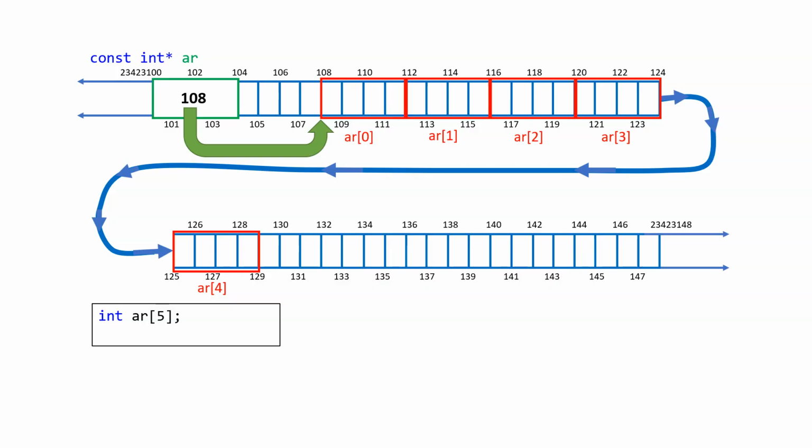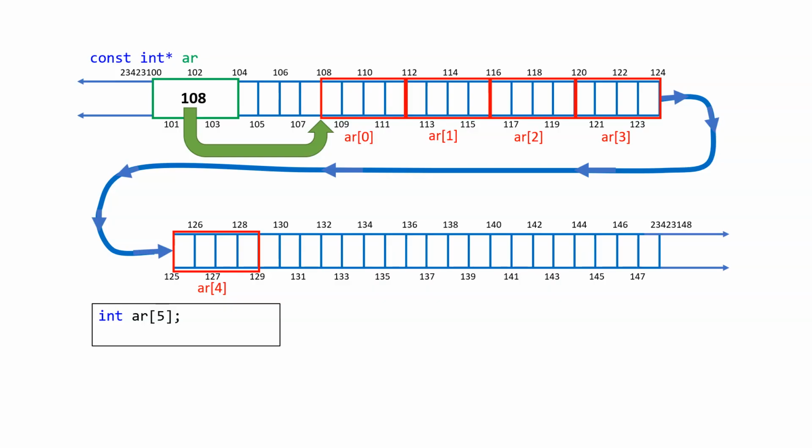Any name of the array that you see is actually a pointer of that type. So when I say integer AR5, AR is a pointer to an integer that points to the very first one. And the index in front of it tells how many of that type you should jump forward.